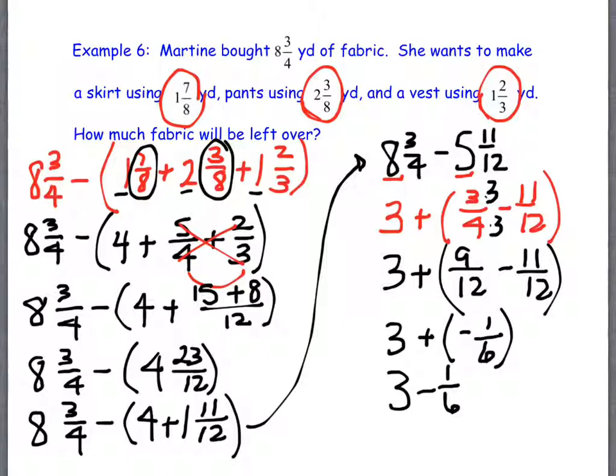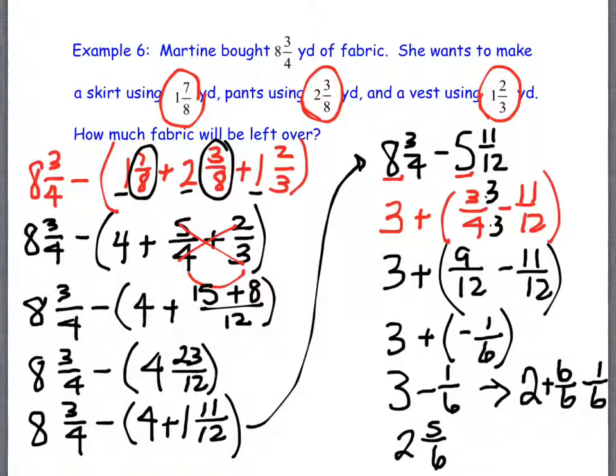Which is, what was it? 2 5/6. And you might just recognize that. If you didn't, maybe it wasn't so clean, or it wasn't so obvious, or you just don't like numbers of this variety. Another way to think about this is to change the 3 into a 2 and write a 6/6 and a 1/6.